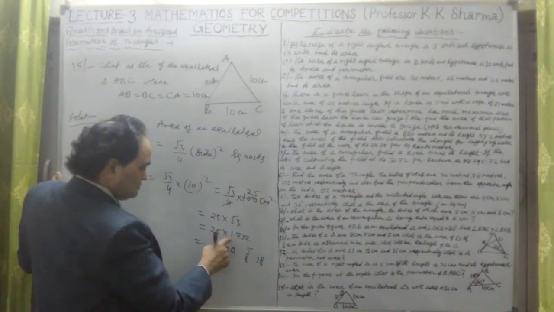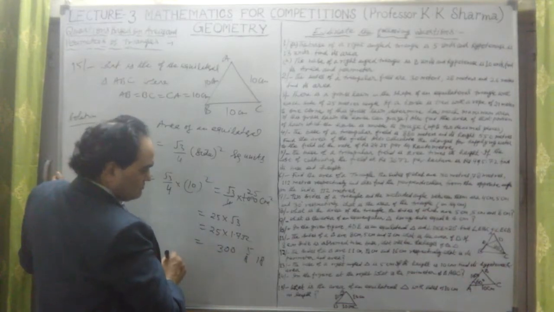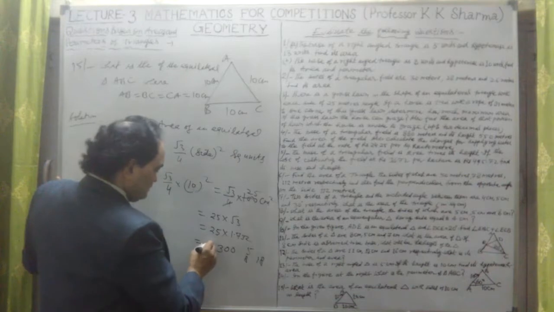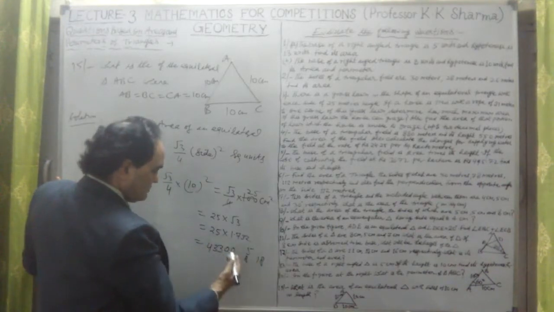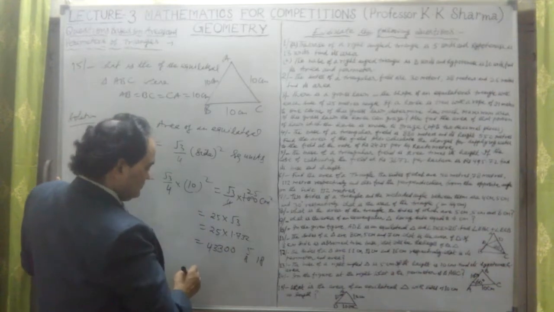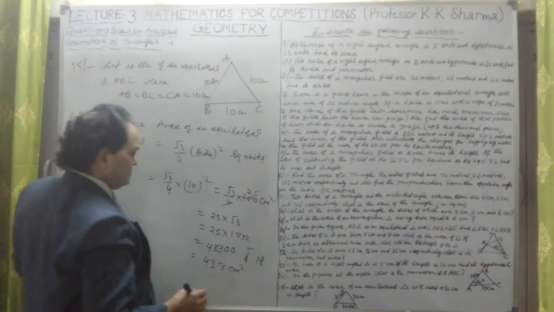Now 25 times 1 is 25, and 25 and 18 is 43. So this is 43 here. Count 3 decimals from the right. It is 43.303. It is 43.3 square centimeter.